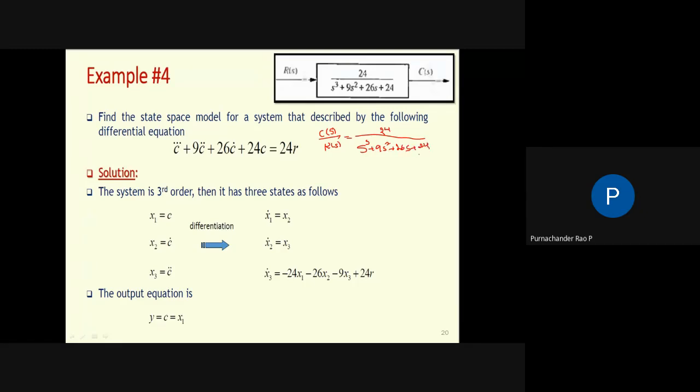You need to write this transfer function into a state space model, which consists of the state equations and the output equation.